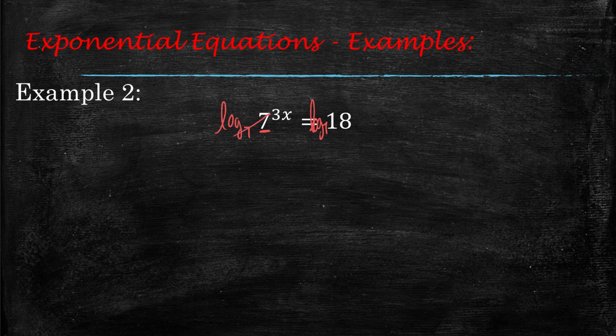So this is going to cancel because those are inverses of each other. So you're going to just have 3x equals log base 7 of 18. Then to get your x value, you're going to take that log base 7 of 18 and divide it by 3.